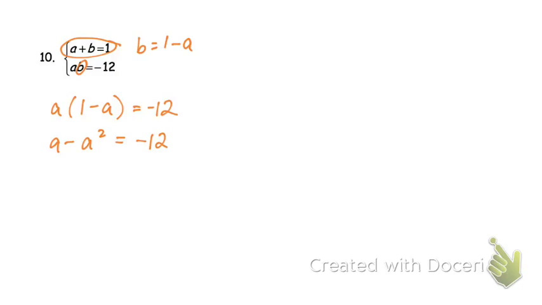You could do x and y if you're uncomfortable with the a's and b's, but I want you to feel comfortable with them because they might show up. I want to make my a squared positive, so I'm just going to move both of these over to this side. That makes life easier. How do I factor that?